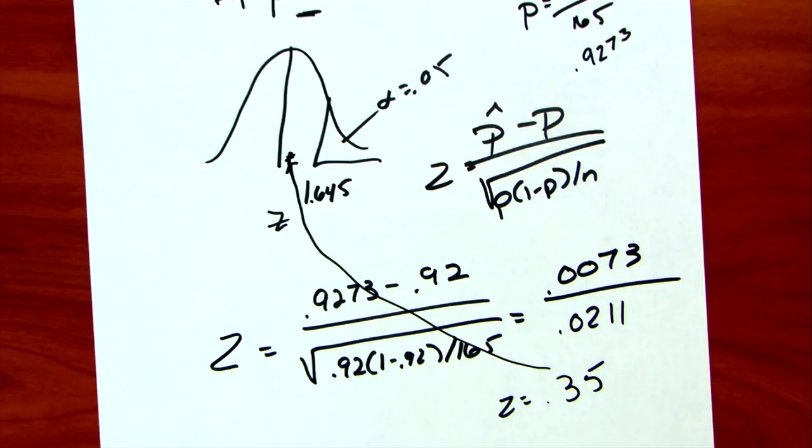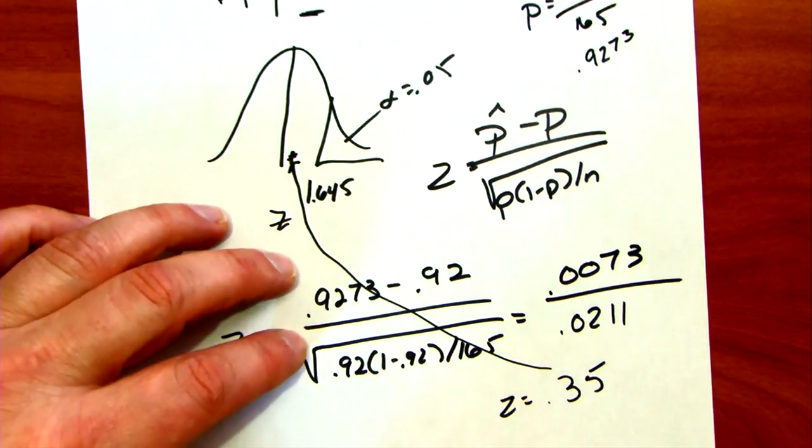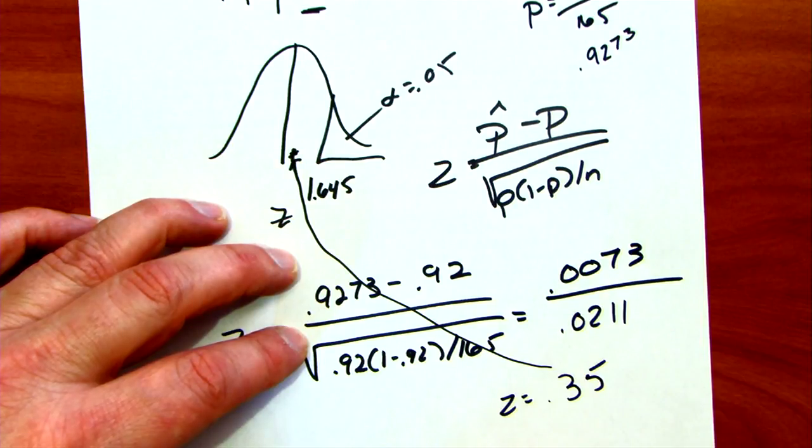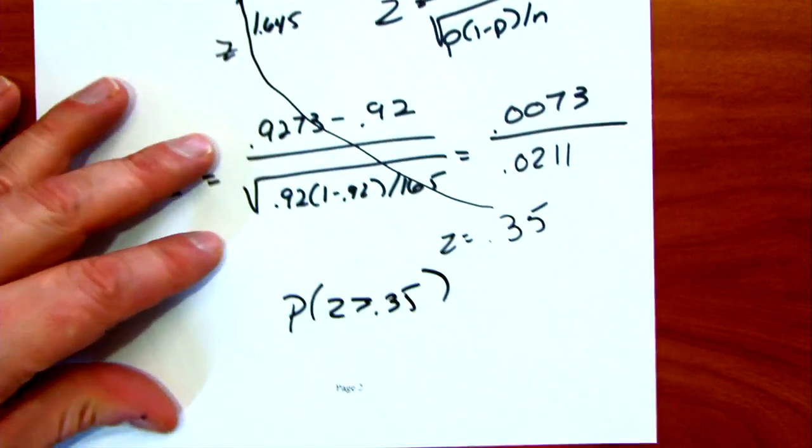Do I have enough evidence to support their claim? I don't, right? It appears it's a little bit higher than 92%. But really, we only sampled 165 flights. I can't say this with any kind of certainty, because the p-value is the probability that Z is greater than 0.35.